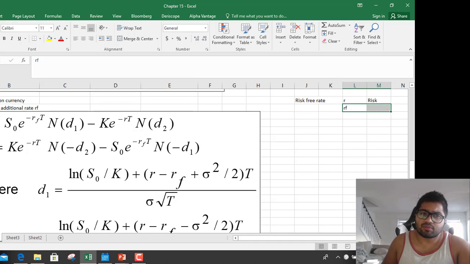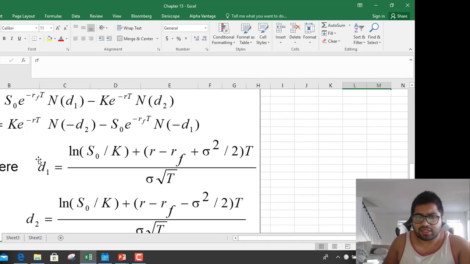So the Black-Scholes-Merton model is the current exchange rate multiplied by e to the power risk-free rate in foreign currency times t, ND1, minus K e to the power risk-free rate in domestic currency into ND2. Put is similar, right?